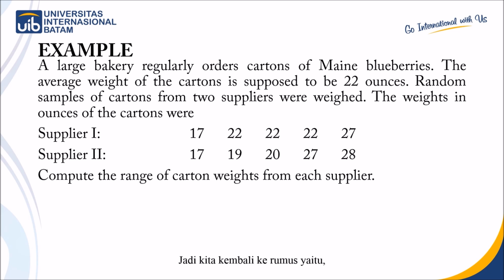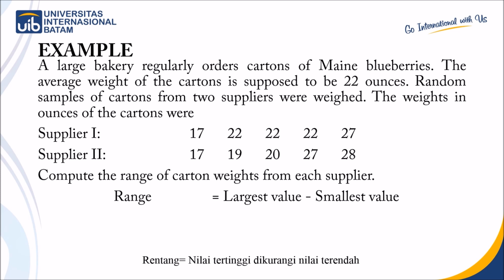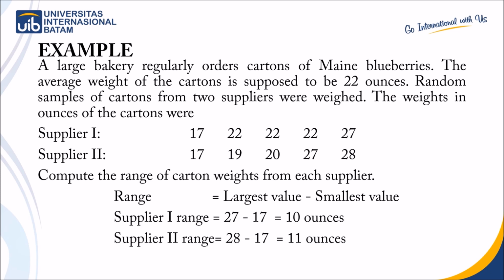Going back to the formula, range equals largest value minus smallest value. So the range of supplier 1 is 27 minus 17 equals 10 ounces, and from supplier 2 is 28 minus 17 equals 11 ounces.